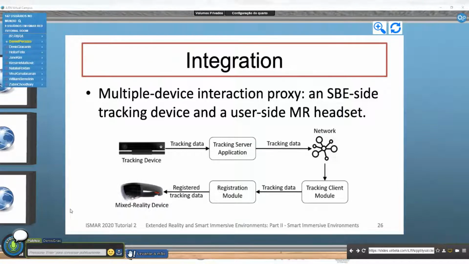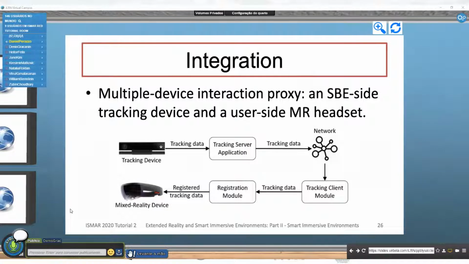We are going to have the tracking device publish tracking data to the network, or more specifically the MQTT broker, and then on the mixed reality headset side, we are going to have a tracking client module that will subscribe to the data and send it to the registration model and use it to display.